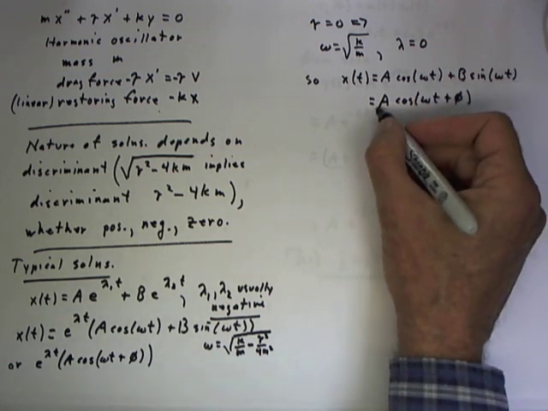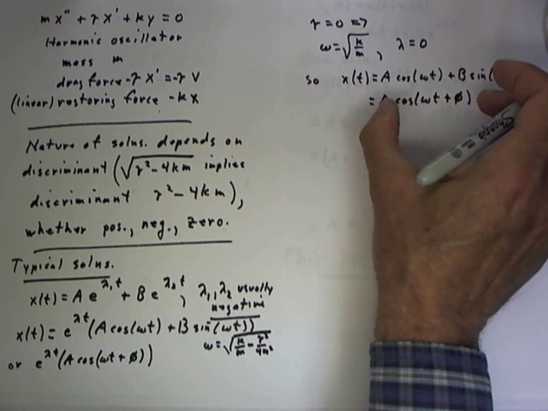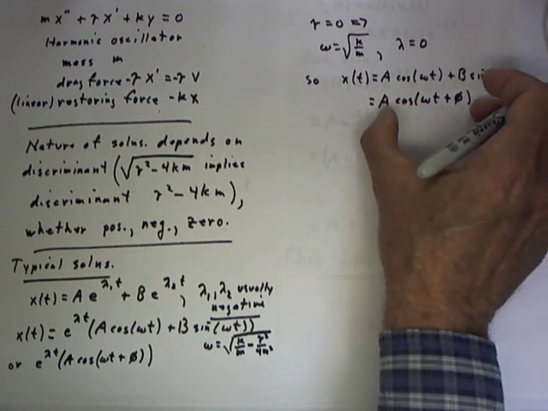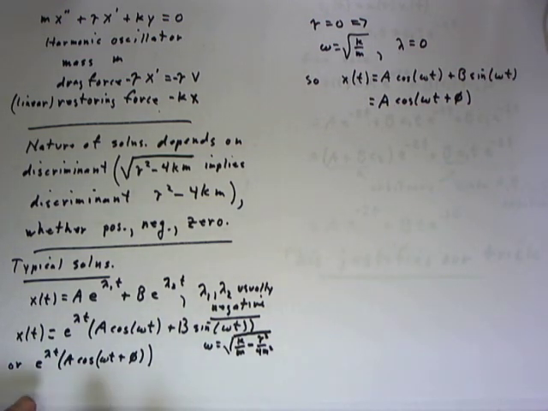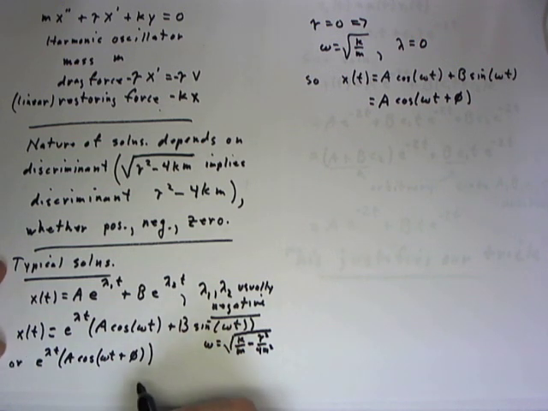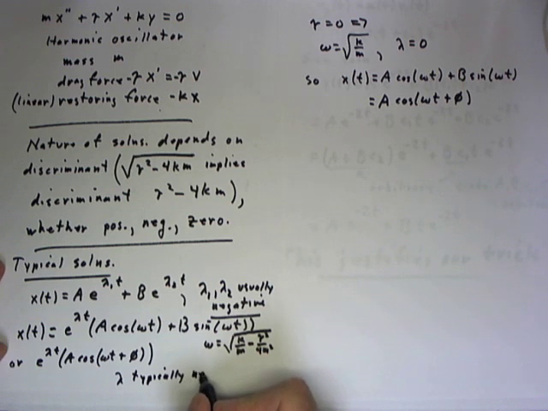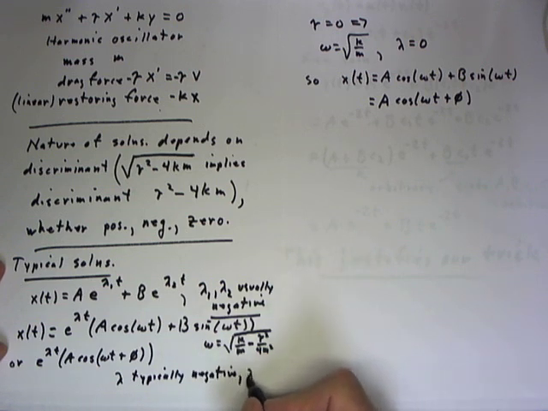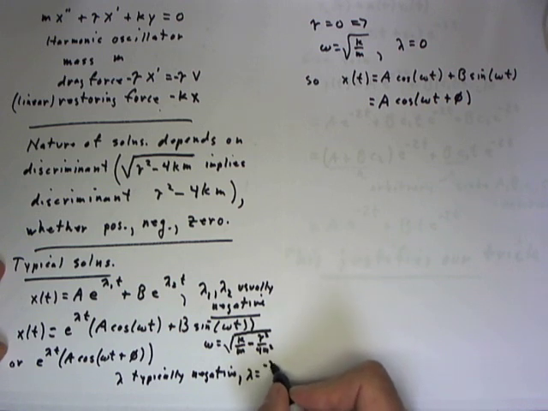We see that there's no decrease in the amplitude of this function, whereas down here the amplitude effectively becomes e to the lambda t times a, and again in this case lambda is typically negative. In fact, lambda is just negative gamma over 2m.